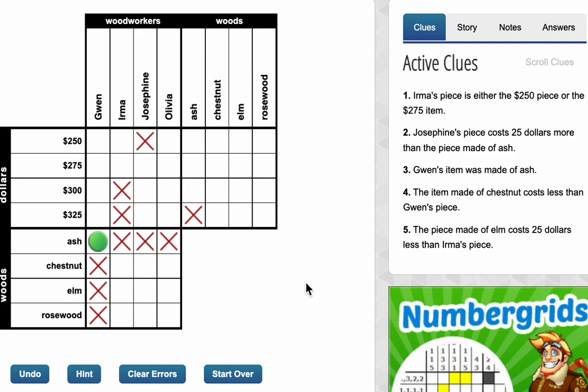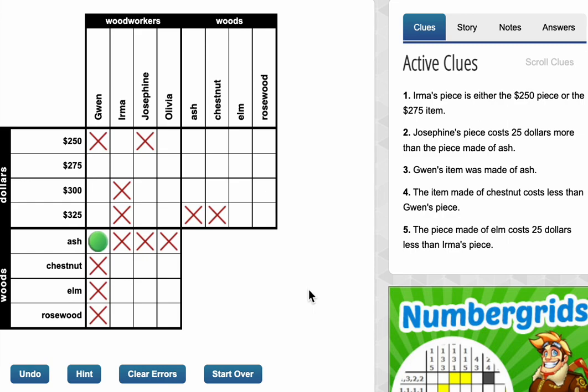All right. The item made of chestnut costs less than Gwen's piece. So Gwen's piece can't be the cheapest one. And the item made out of chestnut can't be the most expensive one, right? Because it costs less than something else. So every go round with the clues kind of helps you zero in a little bit.